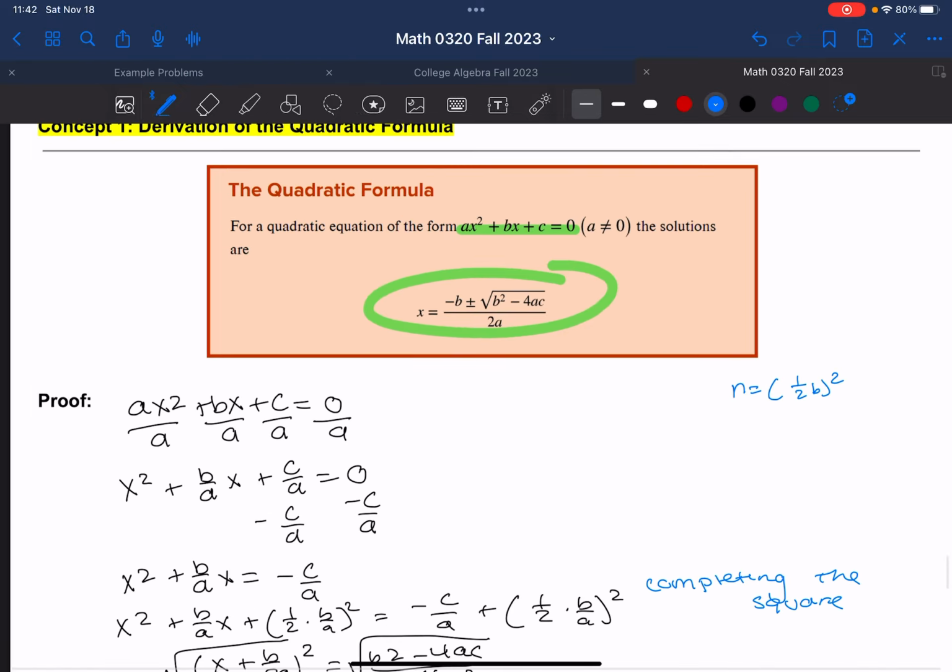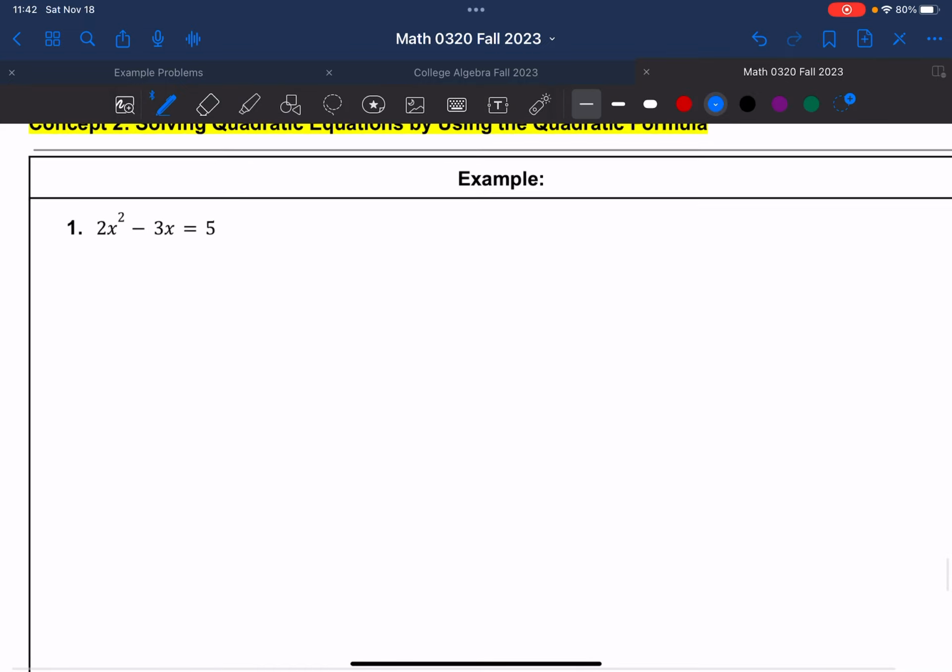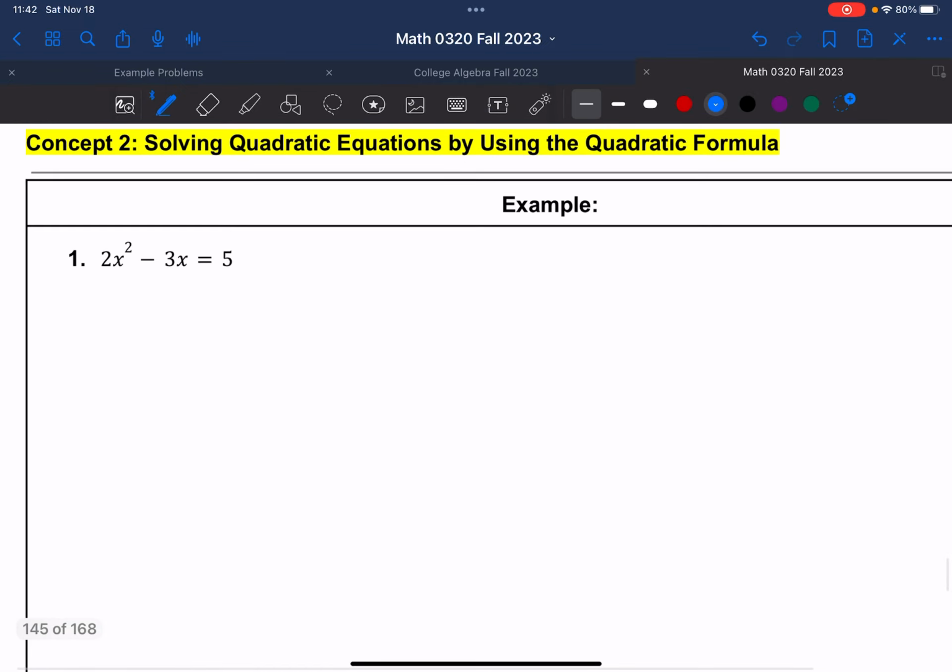Okay, let's look at concept 2 where we're using that quadratic formula. So remember, in order to use it, we need to start off with the standard form. And remember, standard form for a quadratic equation is ax squared plus bx plus c equals 0.